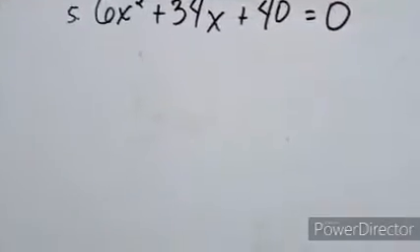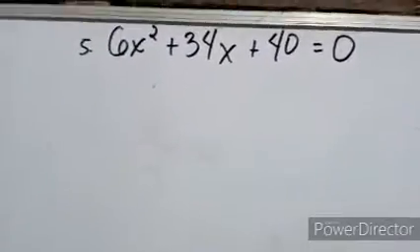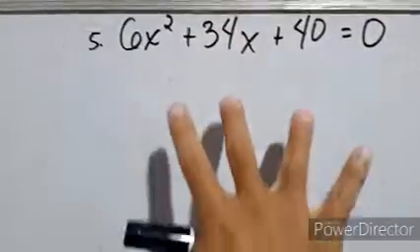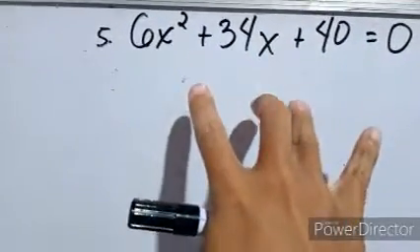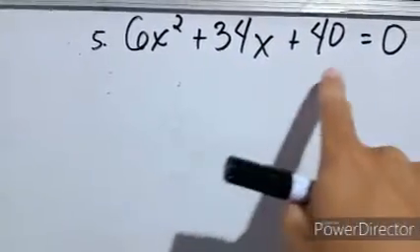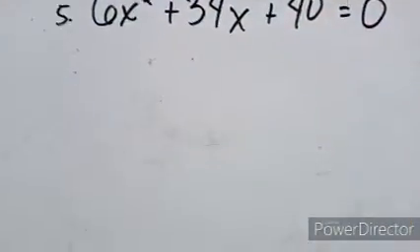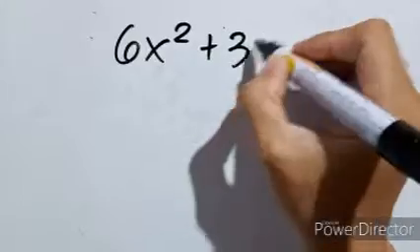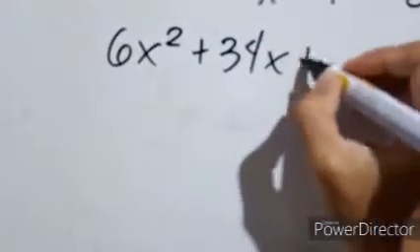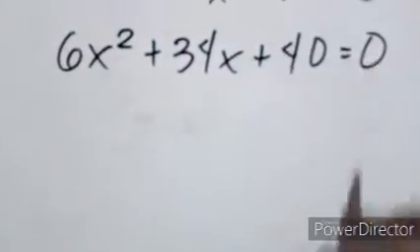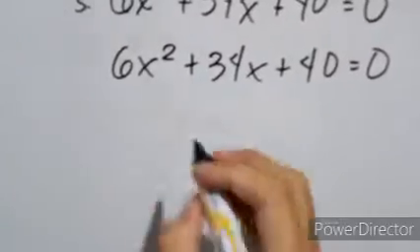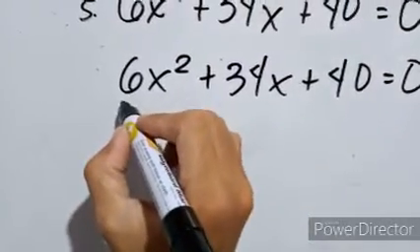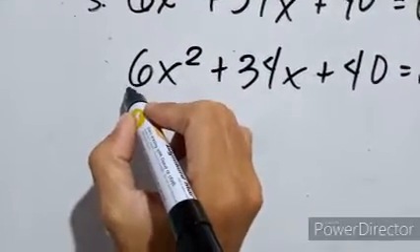So, ngayon tayo ay nasa number 5 na. So, observe nyo, tatluhan ulit siya, trinomial, pero titingnan natin, 6, 34 at 40 ay pwede nating i-divide sa 2. So, una natin gawin ay i-simplify muna natin siya, para mas maliit ang ating value ng pagsusolve.